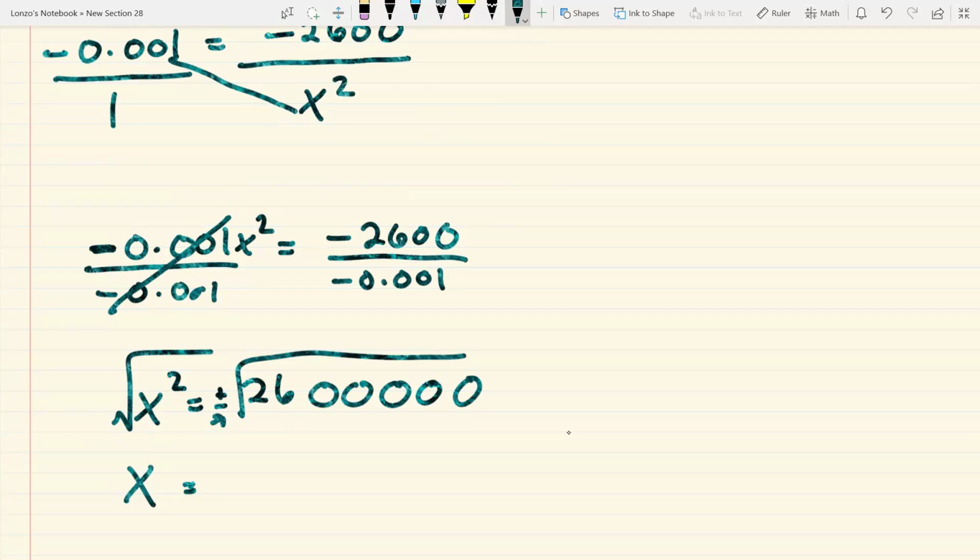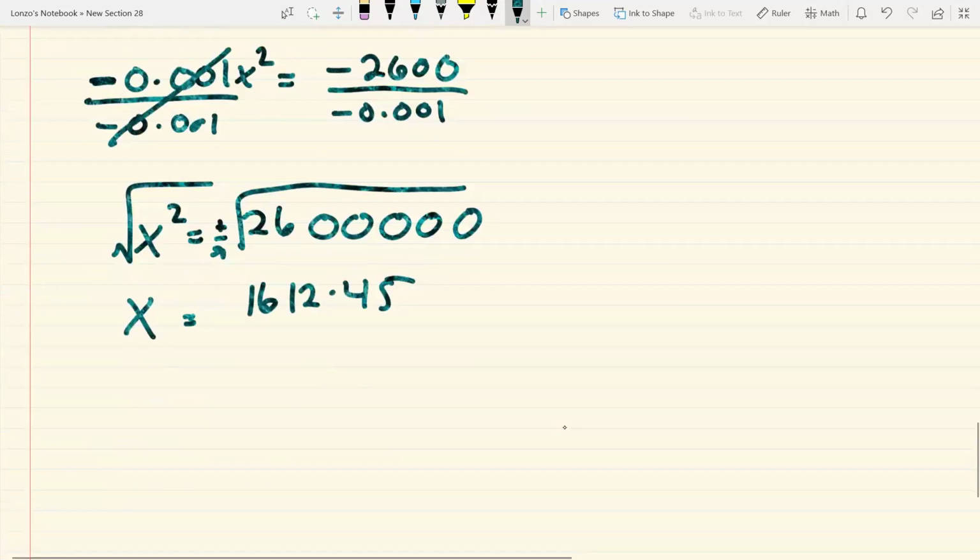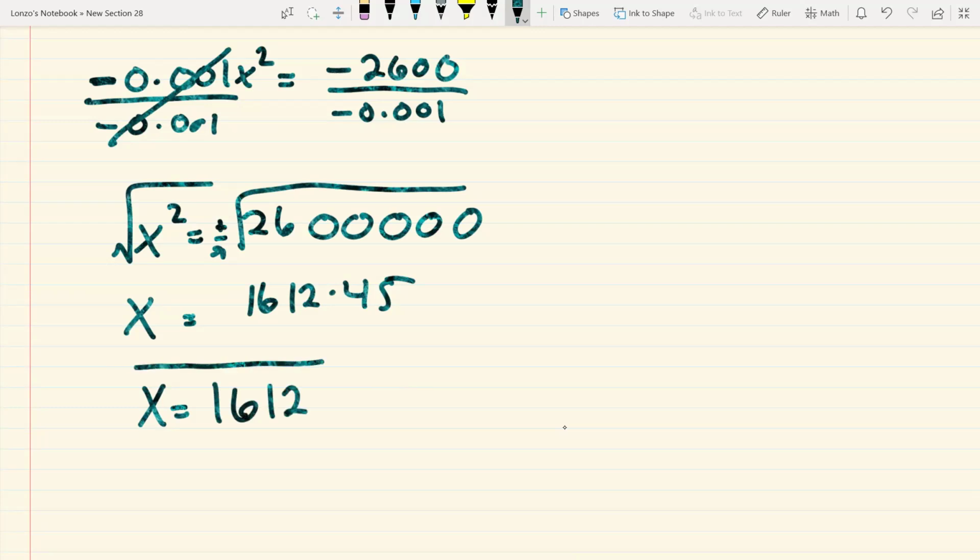It's going to be 1612.45, but let's use whole numbers because it wouldn't make sense to use half a quantity. So this would be 1612.